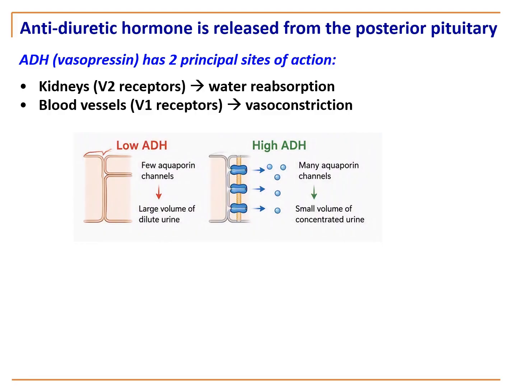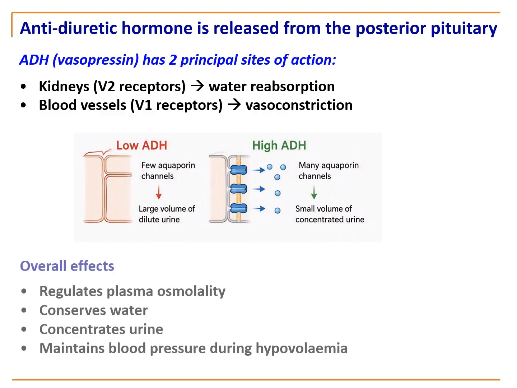Therefore, if you've got low ADH, you have a large volume of dilute urine. If you have high ADH, you have lots of aquaporin channels, lots of water reabsorption, so your urine volume becomes smaller and more concentrated. Nice and simple.